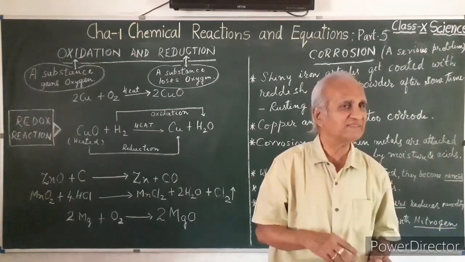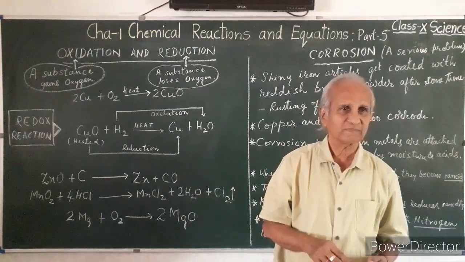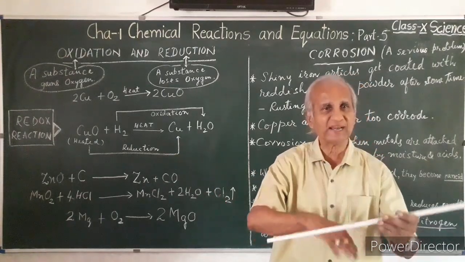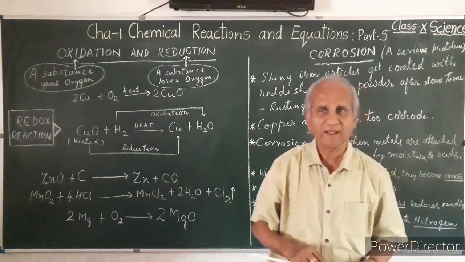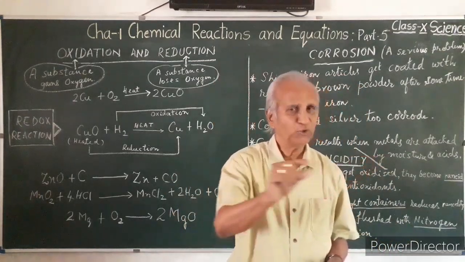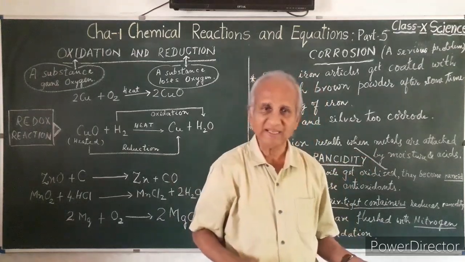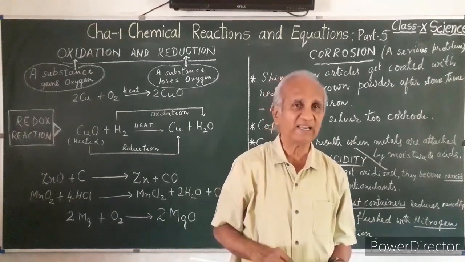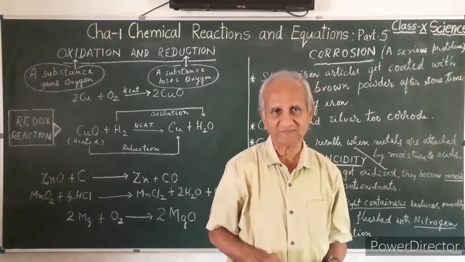Learn how to balance the equations, and equations which are in words, you should be able to translate them into equations where you use all chemical terms and balance them out. These are the important aspects in this first chapter.